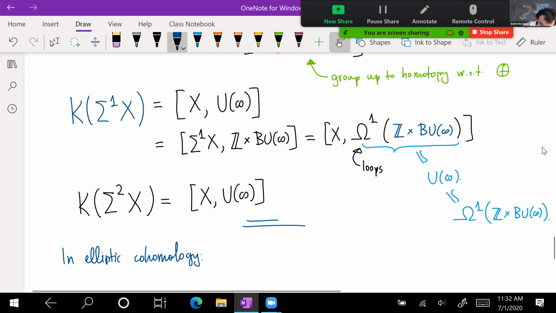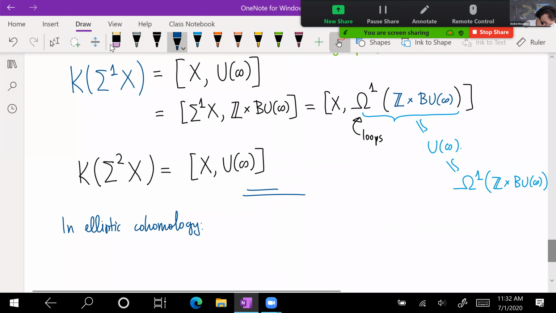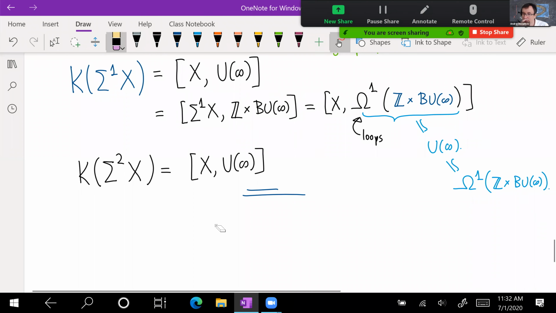This is in general, it was my plan to talk about this today, but it seems like we're probably not going to get to it. But in something called the stable homotopy category, you should think of suspension as like a shift. It's like the shift by one for complexes.